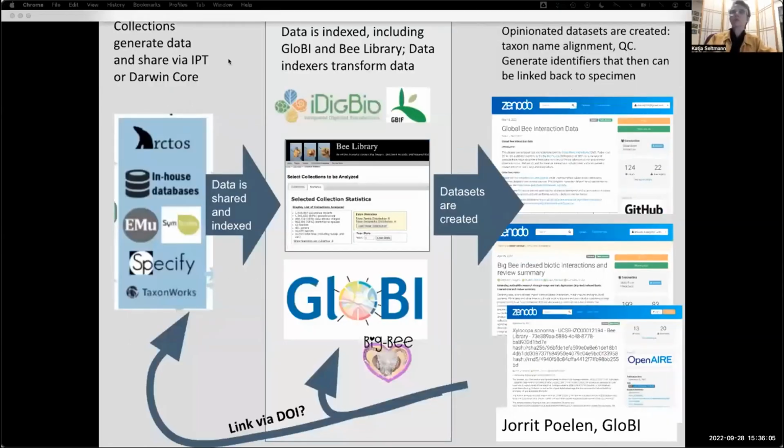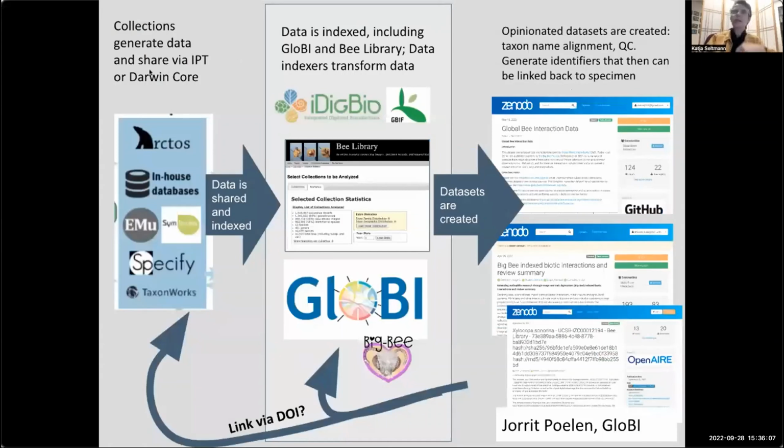So how are we thinking about this? Our collections are generating data, and this data is shared to many data indexers and data portals, including iDigBio and GBIF. Also the bee library, which is the Big Bee Symbiota portal about bees, and Global Biotic Interactions, GloBI.